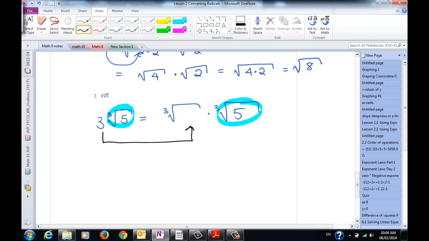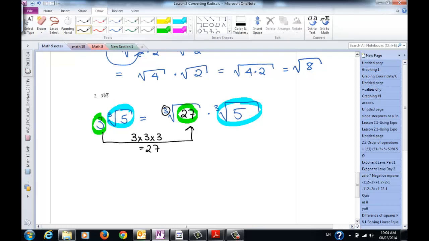Well, it had to have been something multiplied by itself 3 times inside of there to get 3. So all I'm going to do is, well, it's a cubed root, so it's just 3 times 3 times 3, which is equal to 27. And you can check that, right? The cubed root of 27 is equal to 3. So I've done that right so far.